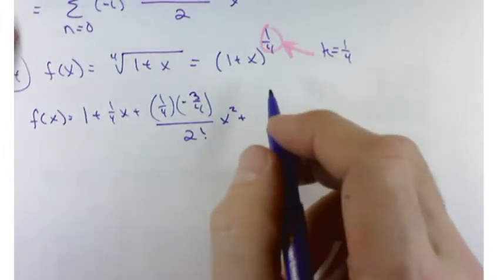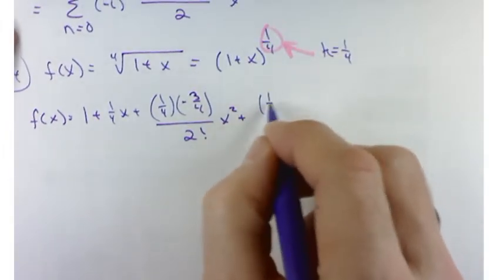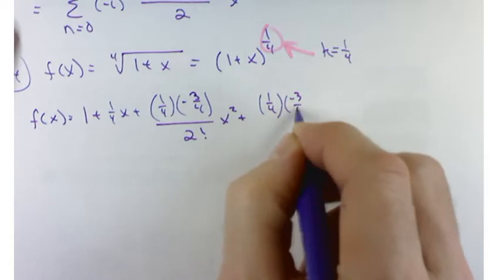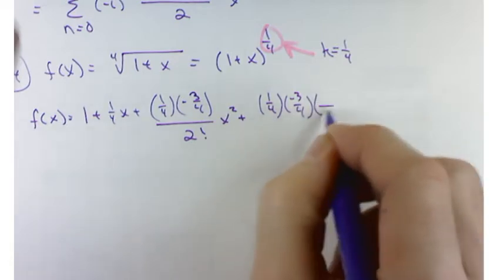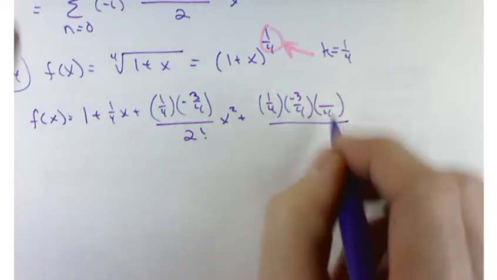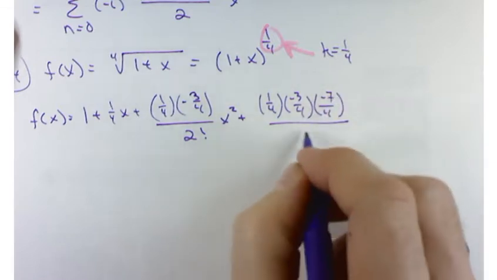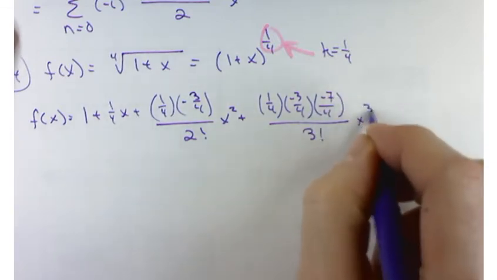And this gets a little bit more fun here. 1/4, -3/4. What's going to be the next one? Yeah, you're right. -7/4, x cubed.